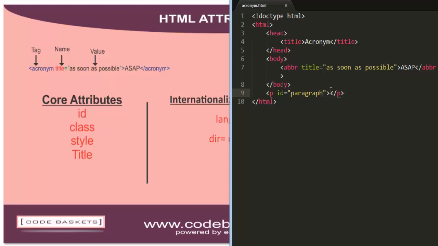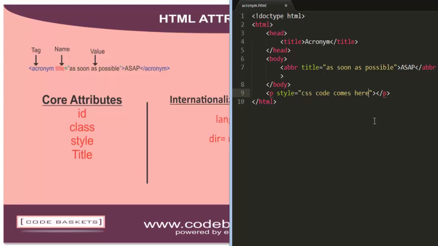So once we are doing CSS, we could call this particular paragraph by this ID called paragraph 1, and style it. The same thing with class, it has the same syntax as well. Here we just write class is equal to, and as well as with the style attributes too. Here will be style is equal to, and the CSS code will come in between here. CSS code comes here.